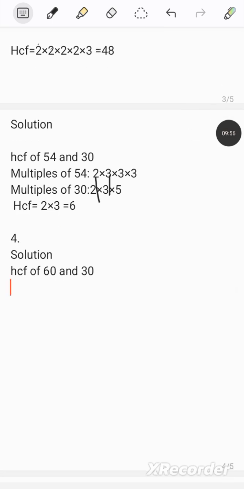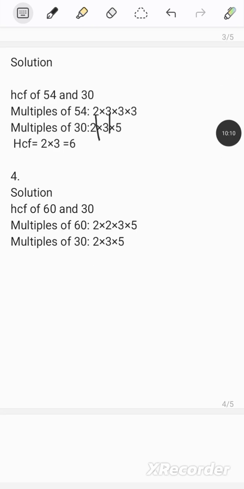Now, for the next example, we have the HCF of 60 and 30. What do we do? We find the multiples of 60 and we find the multiples of 30. The multiples of 60 are 2 times 2 times 3 times 5, and the multiples of 30 are 2 times 3 times 5.